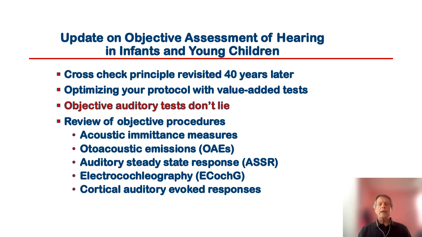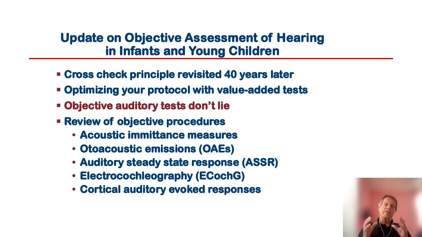Okay, I've already made this point, I believe, in the first lecture. Objective auditory tests do not lie. I know it's kind of an odd statement to make, but what I mean by that is that if you have results from objective tests, such as OAEs, immittance, ABR, and if those results disagree or are not consistent with the behavioral results, then I would always believe or trust in the objective test results.